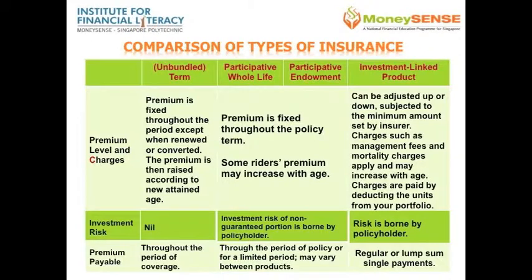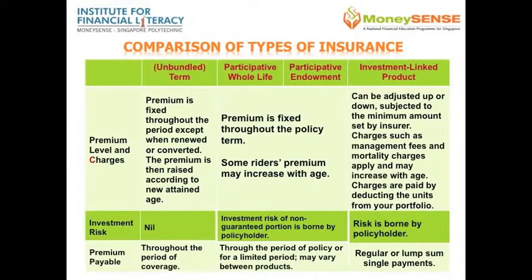And you can also perform ad hoc top-ups by simply investing more money into your investment-linked plan. You are also allowed to switch funds and choose a different sub-fund anytime you want to. Your sum assured can also be adjusted either upwards or downwards. But if you are adjusting your sum assured to a higher level, then of course there will be health underwriting.